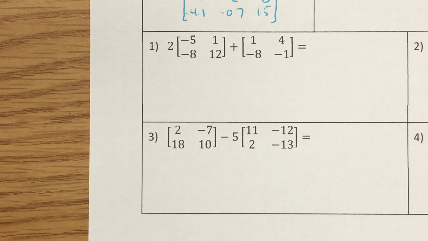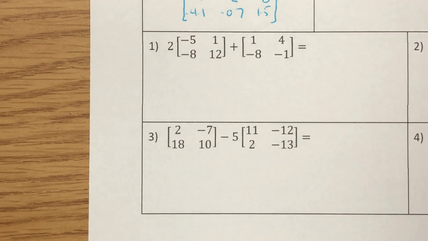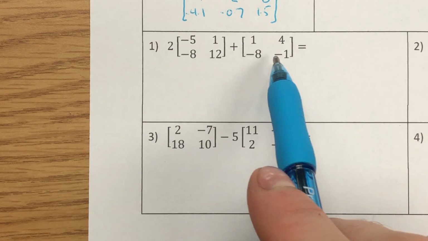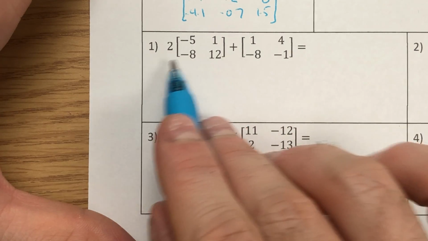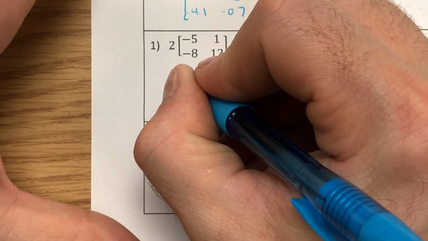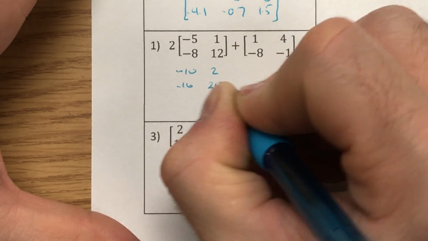The only issue you might get to, and at this point I really don't think it's going to be too big of an issue, is what happens if I scale and then I add? Well, the first thing I'm going to look at is, are these two matrices the same dimensions? Well, this is a 2 by 2, this is a 2 by 2, so it's not going to be a big deal. I'm going to scale this first matrix by 2, and I'm going to get a -10, 2, -16, and 24.